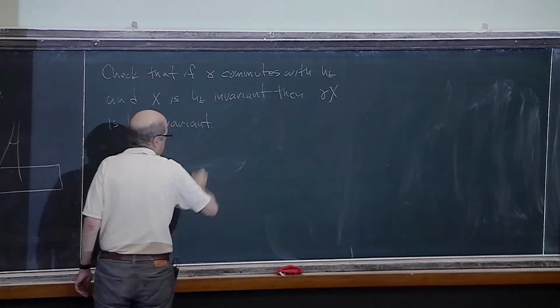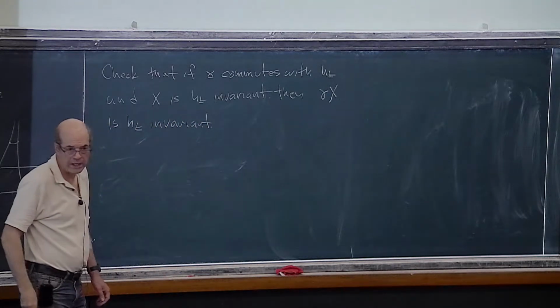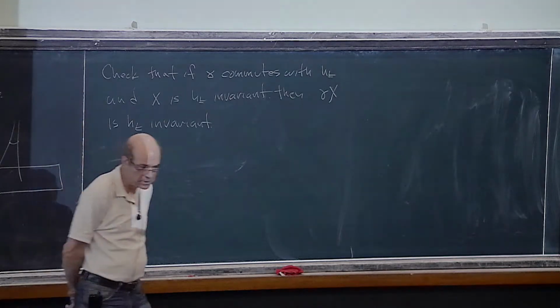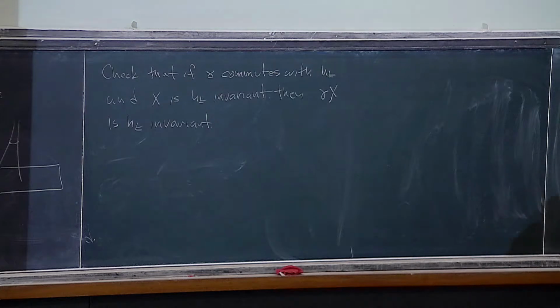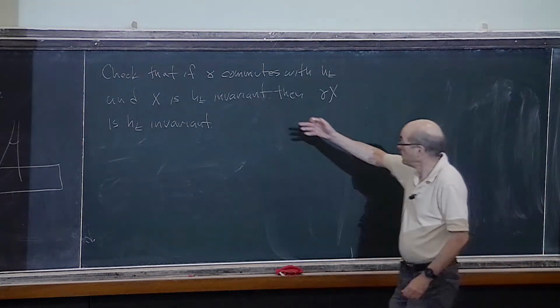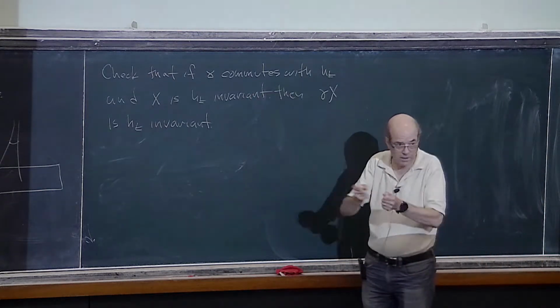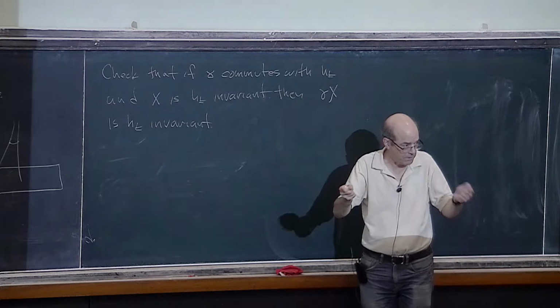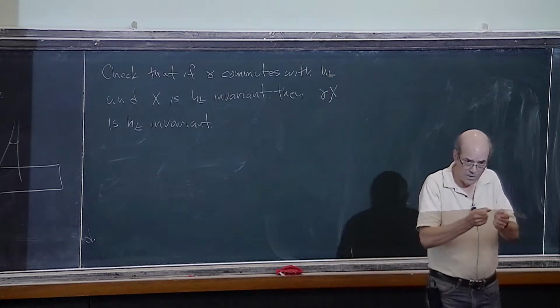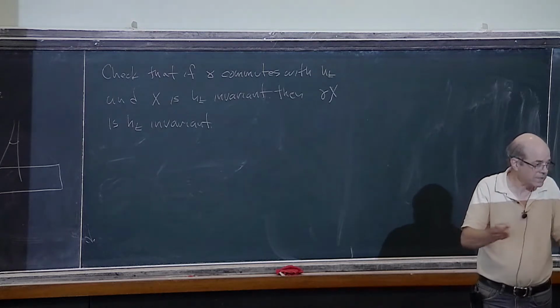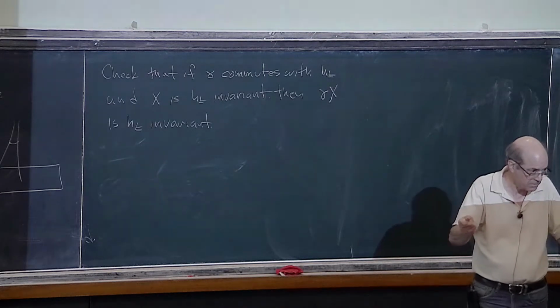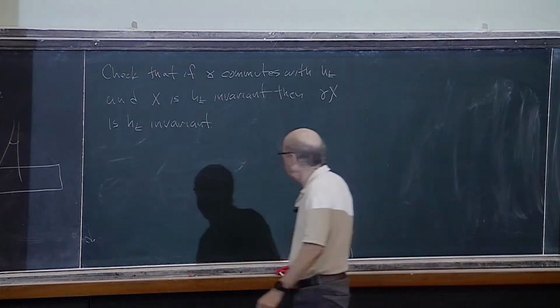Okay, so this gives us a strategy for creating new invariant measures. In particular, SL2R invariant measures are Horocycle invariant. But if we can find things that commute with the Horocycle flow, we can apply those to SL2R invariant measures and get new invariant measures.